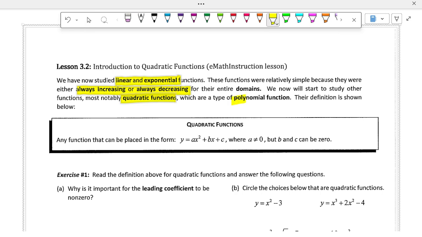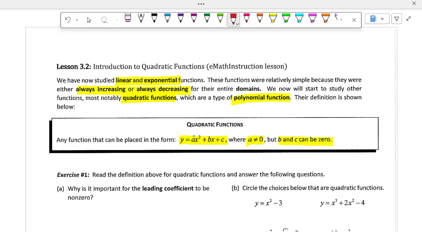A quadratic function is a type of polynomial function, and this is the general definition below. Any function that can be placed in the form y equals ax squared plus bx plus c, where a cannot equal 0, but b and c can be 0. The a cannot be 0 because it would cancel out the x squared. So in order for it to be a quadratic function, it has to contain an x squared in some shape or form.